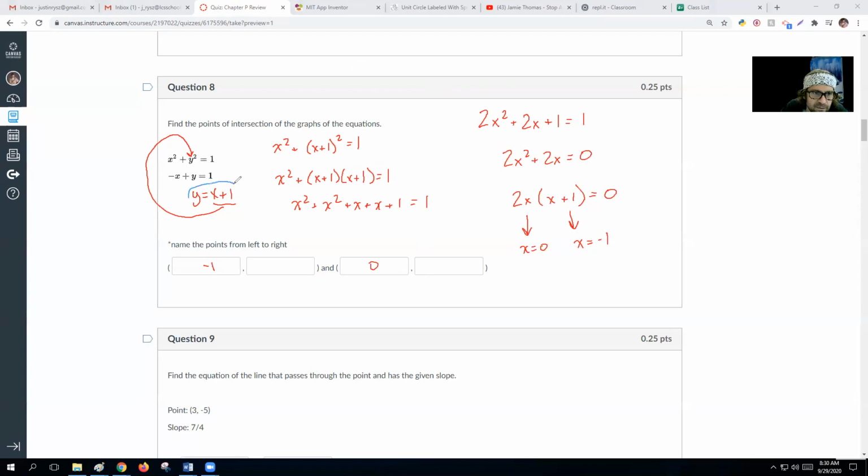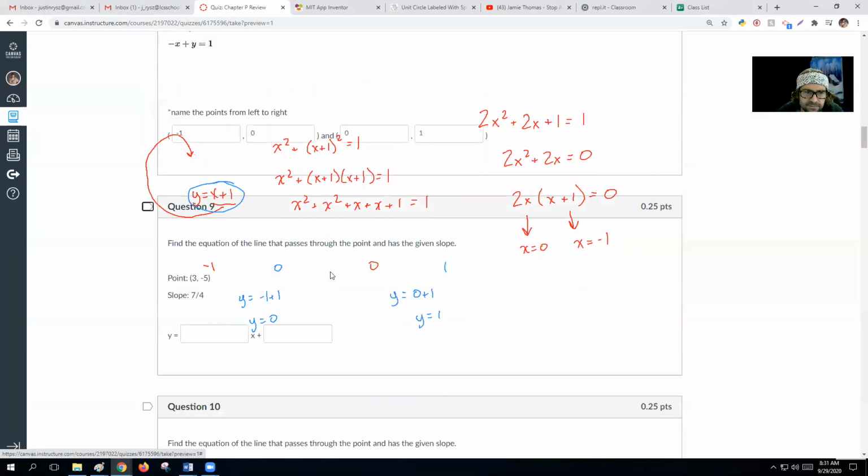Well, we know right here, y equals x plus 1. So y would equal, in this case, -1 plus 1, which would be 0. And then this one here, y would equal 0 plus 1, which equals 1. All right, leave that on here so I can type these in. -1, 0, and then 0, 1.